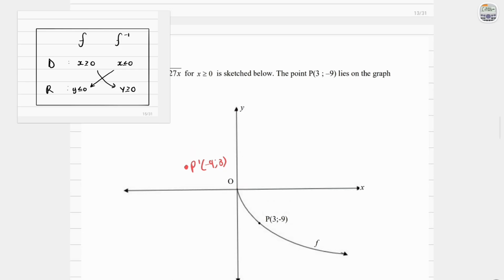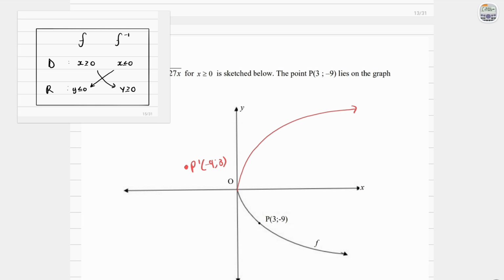So think about what this one would have looked like if it was a full graph. Okay, if it was a full graph, it would look like this. And that would be what this graph would look like. So with this one, you see what it's doing on the x and y axis. On the y axis, this is where it has its turning point, right, at 0. And then it shoots up towards the positive part of the x-axis.